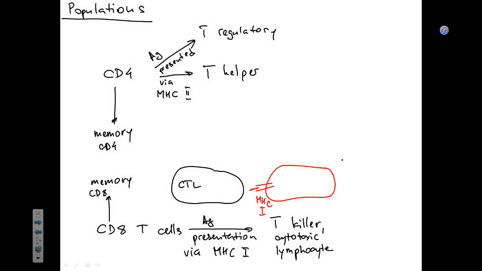Now that specific clone of cytotoxic lymphocytes can recognize this complex using the T cell receptor. Does that make sense? And then it kills it.